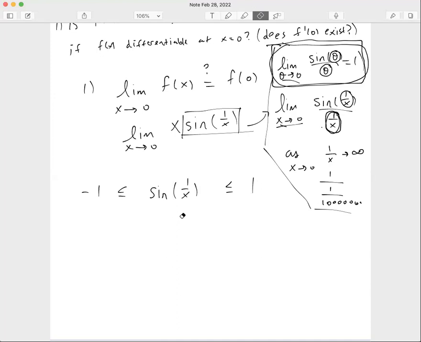So what can you do next? I don't care about sine of 1 over x, but I care about x sine of 1 over x. So let's just multiply everything by x.